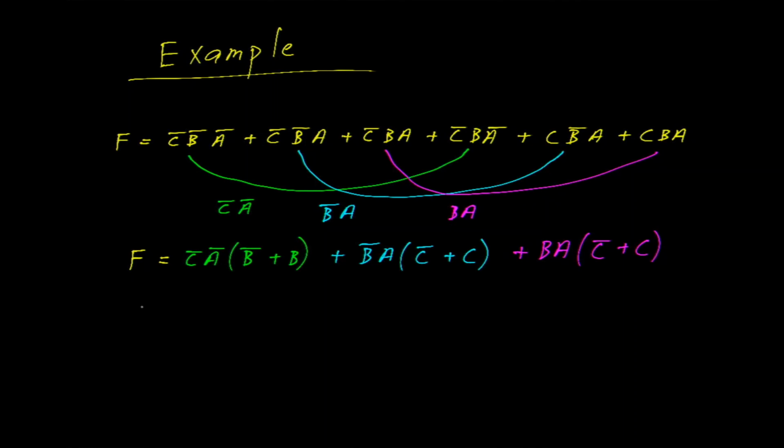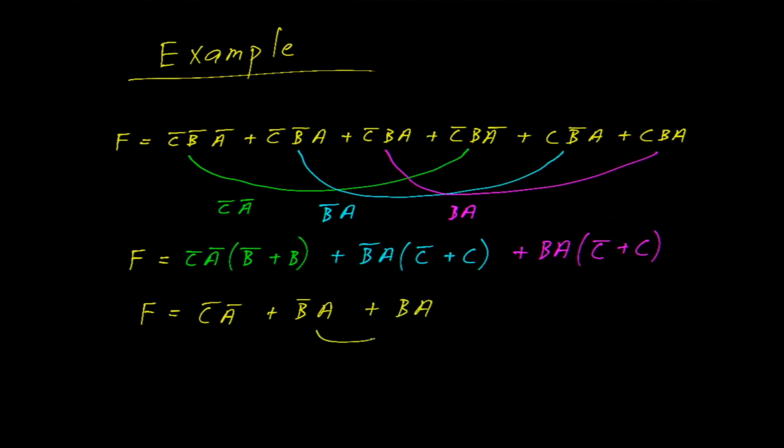If we simplify the circuit, f is equal to C'A', because this piece here always evaluates as 1. So C'A' or B'A or BA.